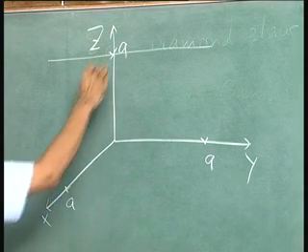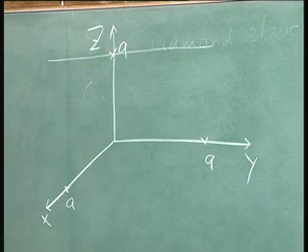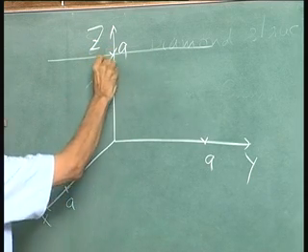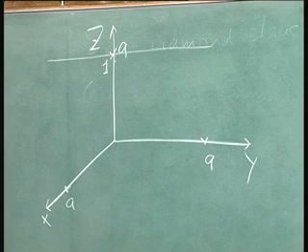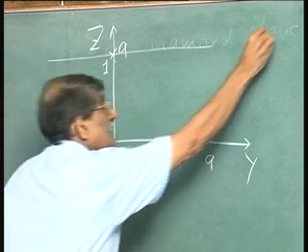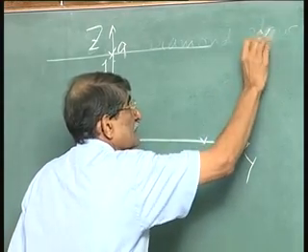It intersects this z axis at A, or you call it as 1. If you are putting A, you call it as 1.